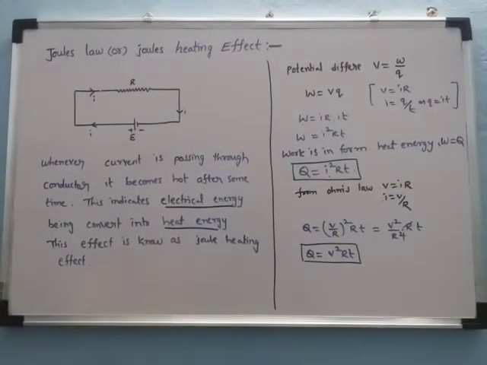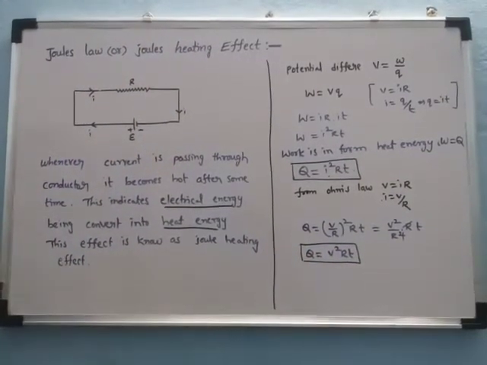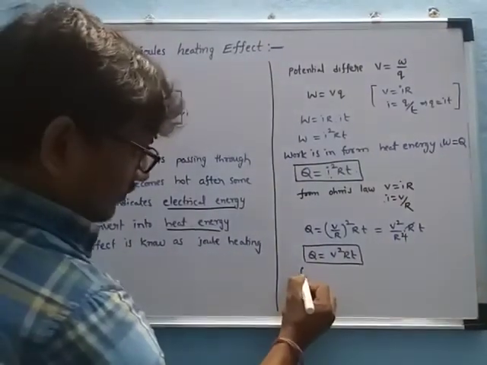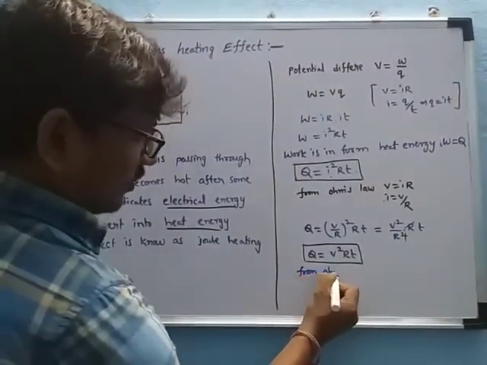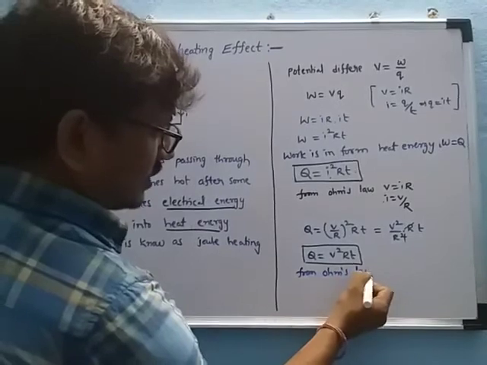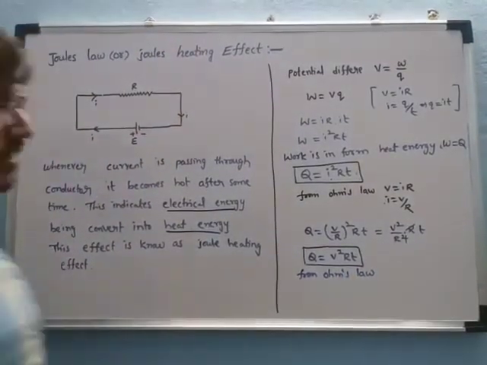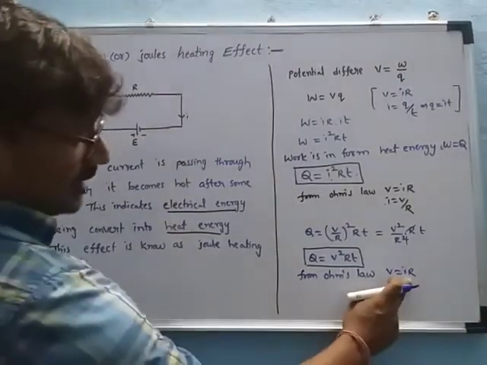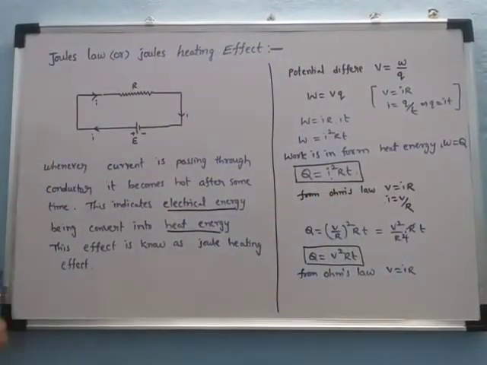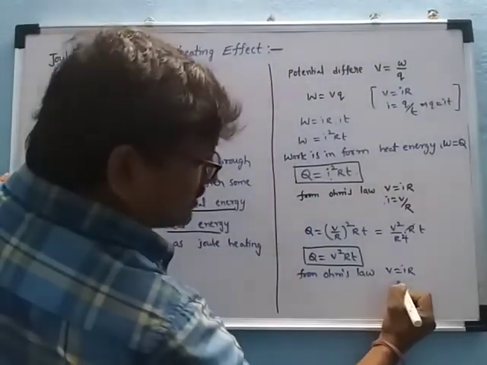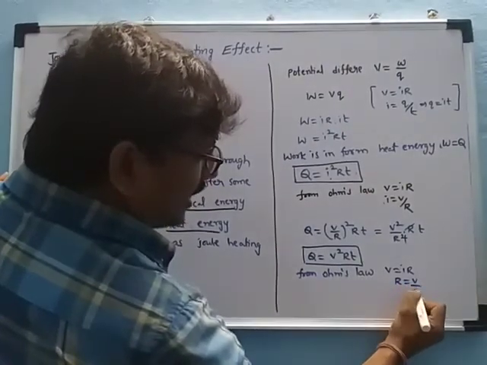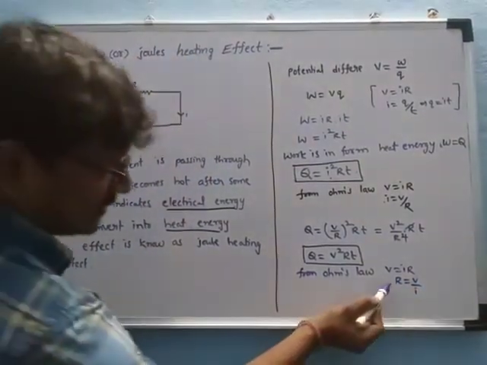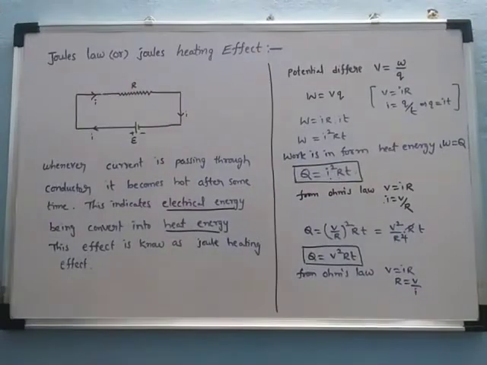Now next, from Ohm's law, V is equal to I into R, so R is equal to V by I. Again substitute this R value in the equation.